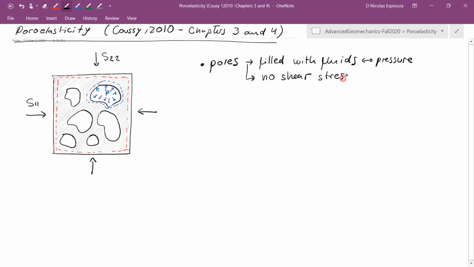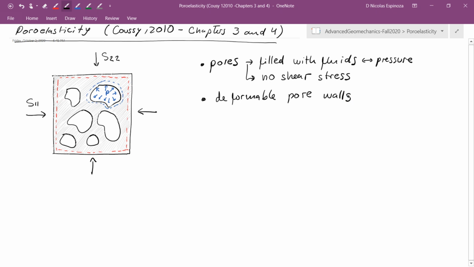So we're not going to have any shear stress applied from the fluids to the solids on the walls. Also, these walls are going to be deformable. So the pores are deformable now. And the walls of those pores are going to change the size.